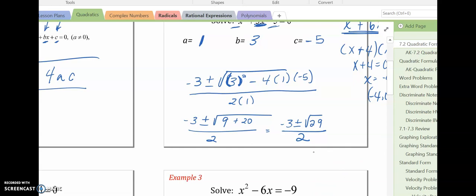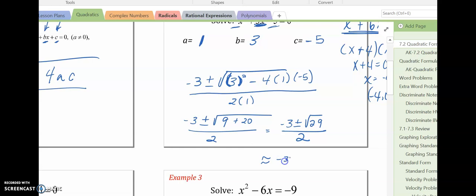We must see, can 29 break down, which it can't. If it did break down, then we would have to break it down, and that's how we would leave our answer if it was in exact form. If I want the rounded answer, because let's say we're going to graph, we need to know what the answer is.